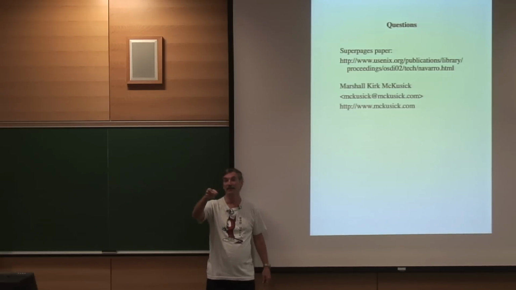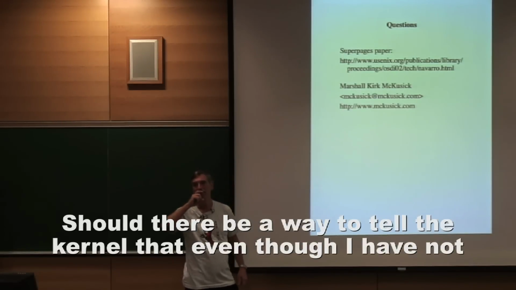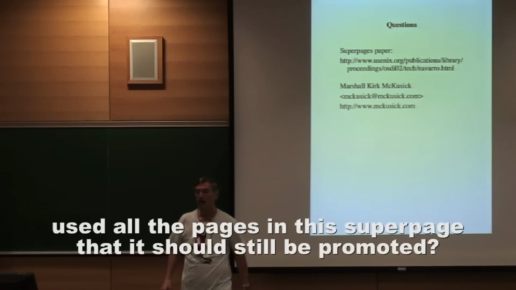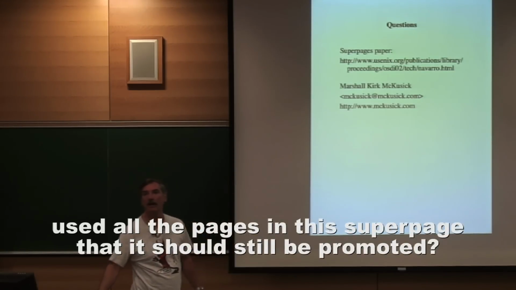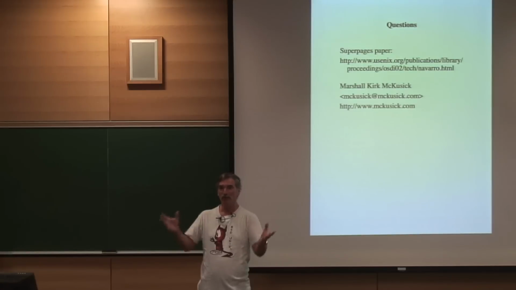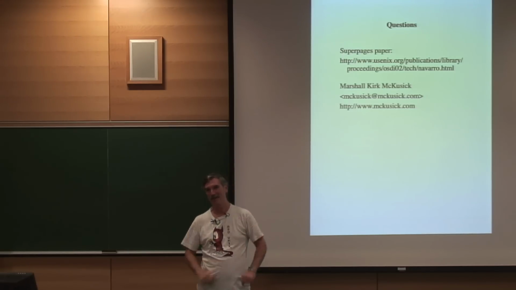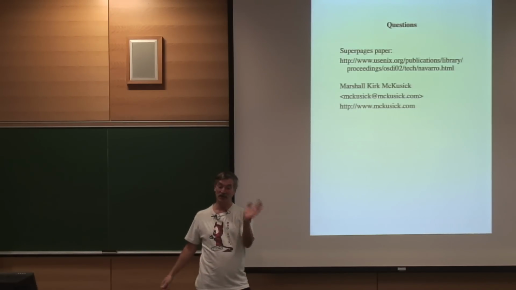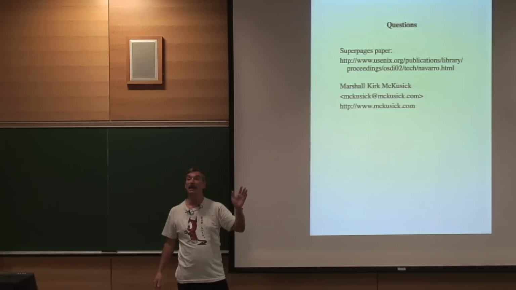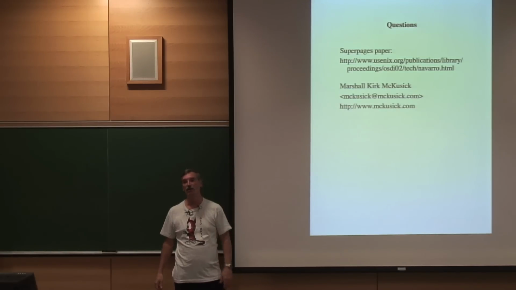You follow up on that? Yeah. Is there a way for the application to influence the reservation of superpages? Suppose I have an application that's going to be using 1 megabyte. There's a way you can tell the kernel that you're not quite using all of it, and that is to just read the rest of it and then ignore it after that. Because by reading those pages, you're going to go through the normal fault-in behavior, and so you're going to do the work that we would otherwise have to do to fill that page out.